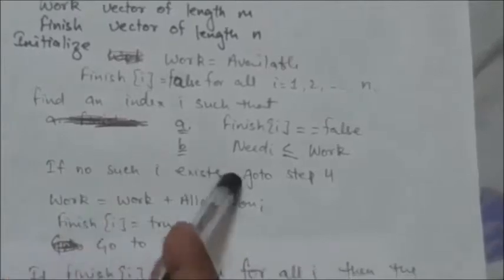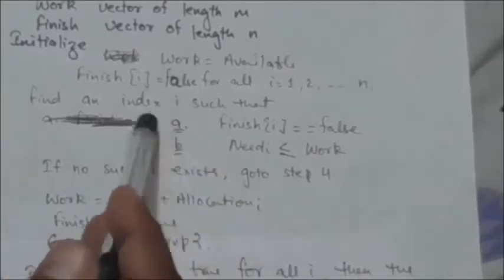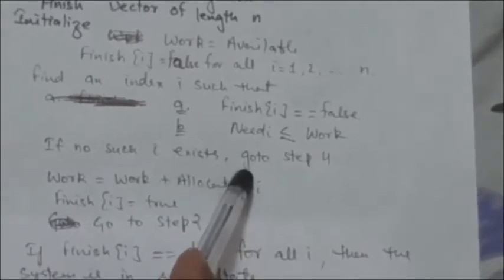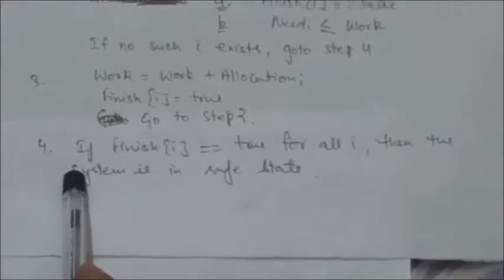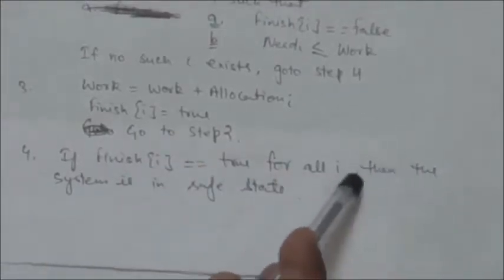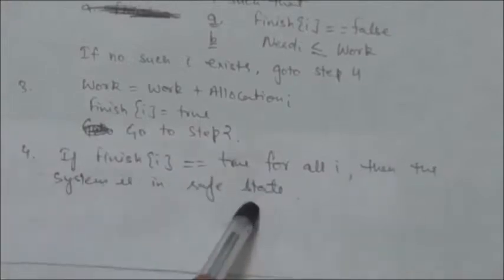If no such i exists, if there is no such index i, then we will go to step 4. What happens in step 4? In step 4, it is checked if finish[i] is equal to true for all i, then the system is in safe state.